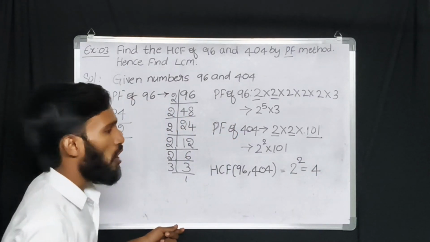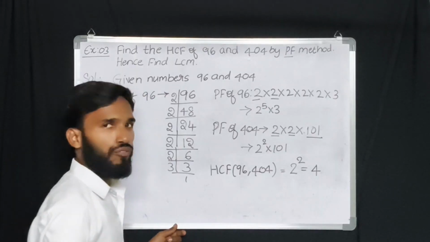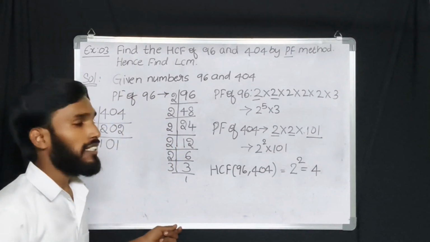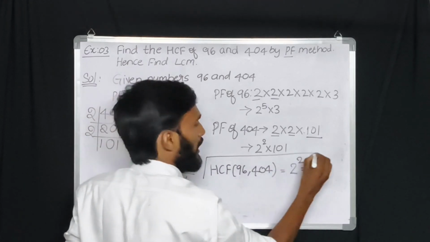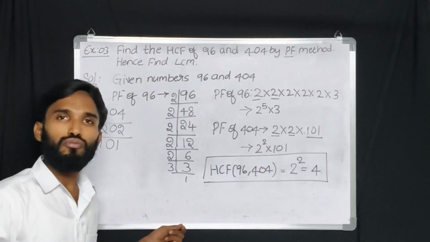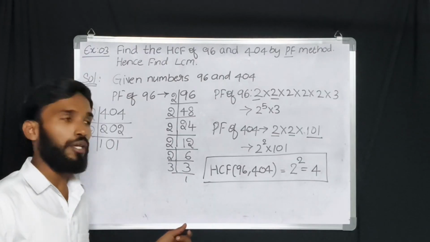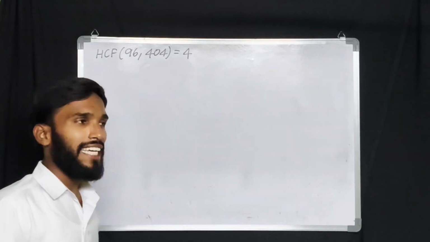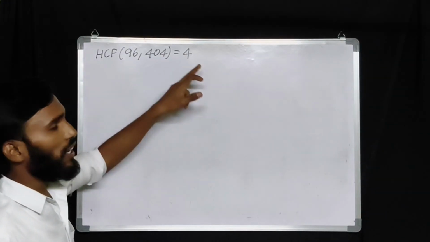What is the HCF of 96 and 404? 4. Now, by using this HCF, we will find the LCM of these given numbers by a small formula. Let us see how to find the LCM of such numbers by using the HCF of the same numbers. As you know, we got the HCF of 96 and 404 is 4.